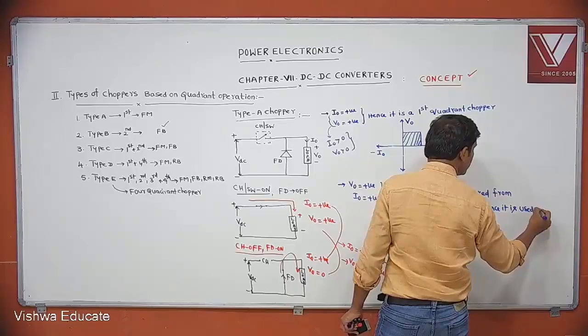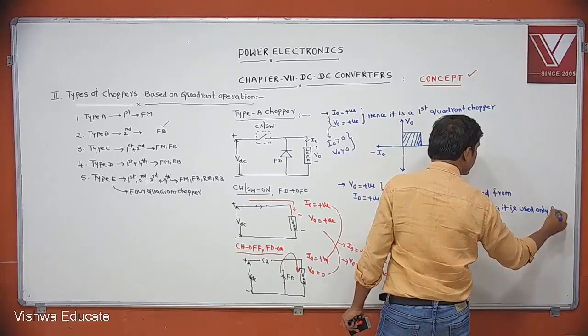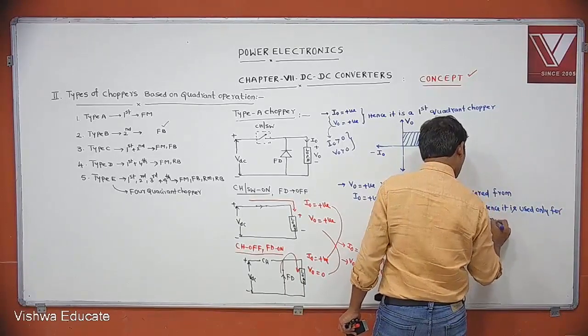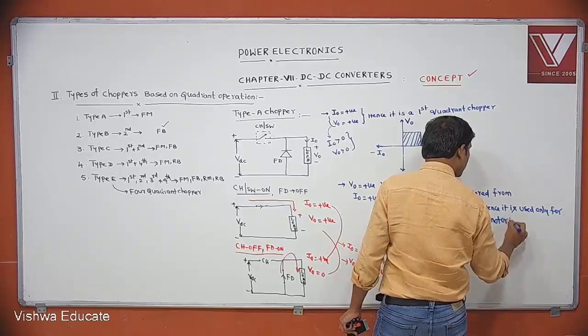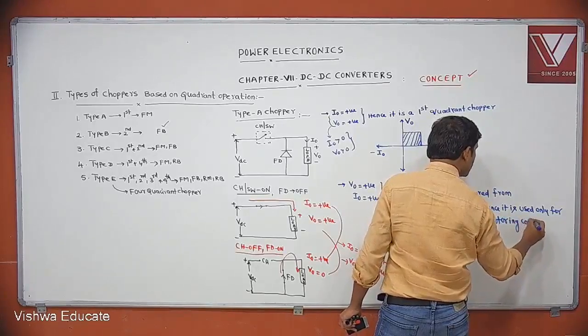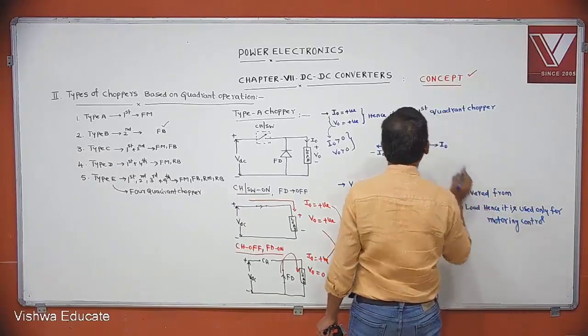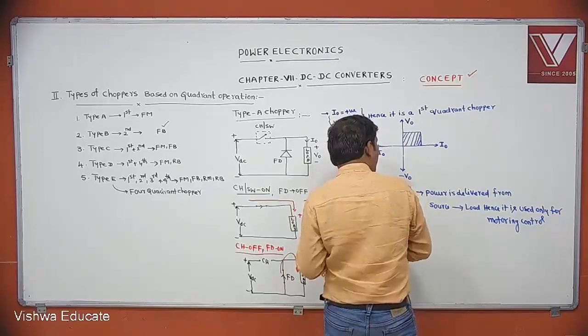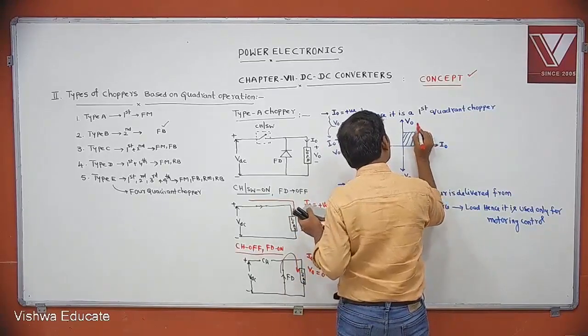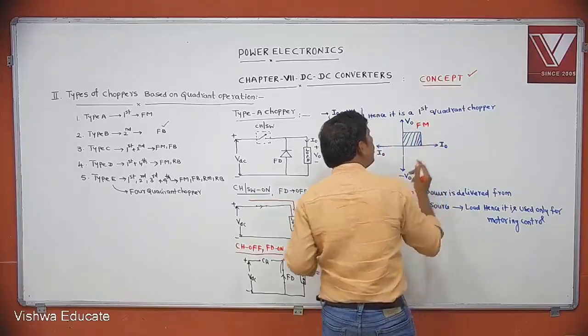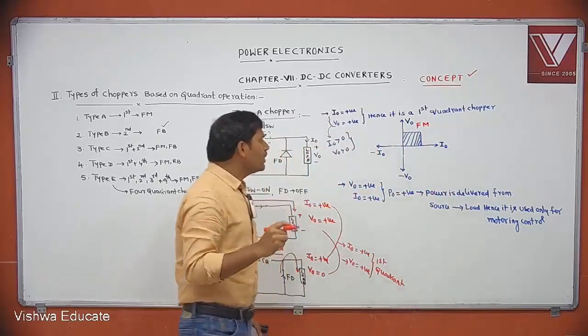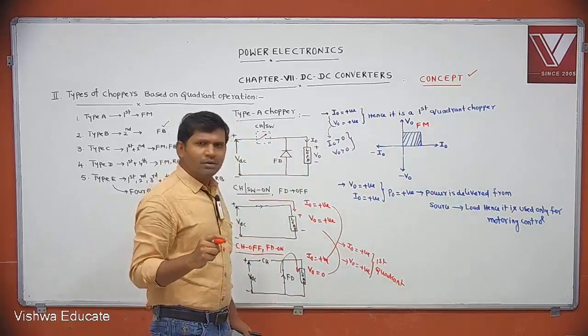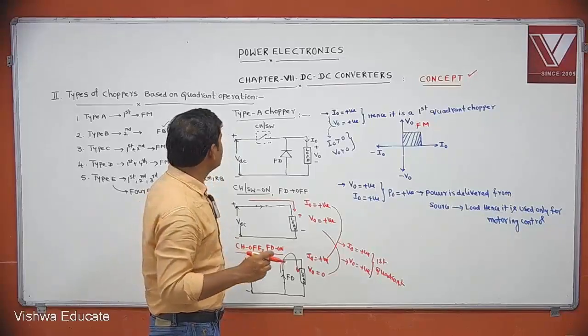It is used only for motoring control, that is forward motoring control. In first quadrant, it is used only for forward motoring control. That is, type A chopper is used only for forward motoring control, FM control, forward motor. To start the motor in motoring mode only we can use this type A chopper.